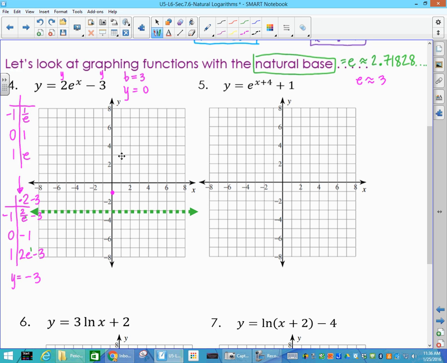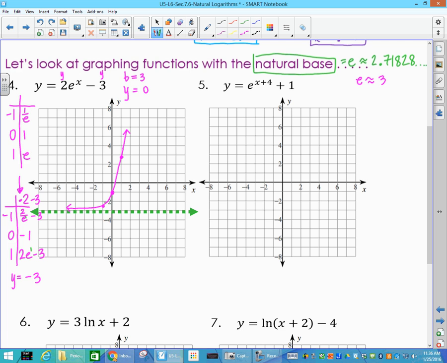So at 1, I'm going to go to 3, but I'm actually going to go a little bit less because I know I'm not exactly at 3. And then at -1, I'm normally at 1 over e, which is about 1/3, and then I'm going to go down 3, which is going to be about right there. So it's a sketch. I'm not going to be too picky about it, but I think you got the idea.